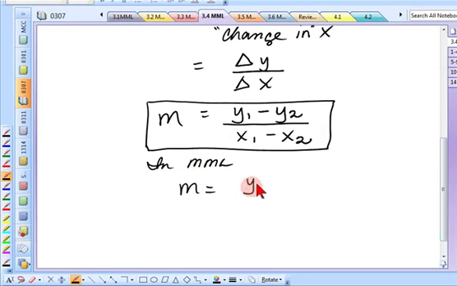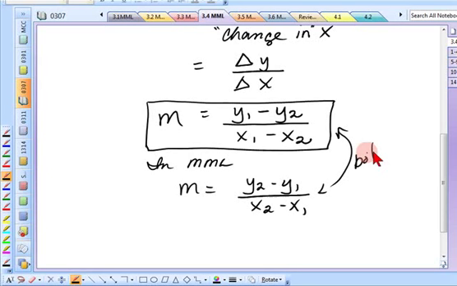You will see it as y2 minus y1 over x2 minus x1. These both work. But my version is the top one. The reason I like it is that I just have this sense that 1 ought to come before 2. It doesn't make any difference.